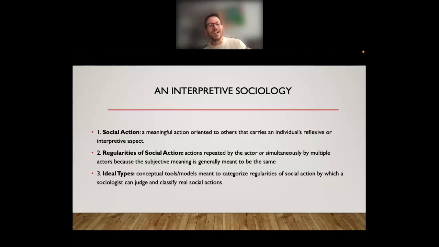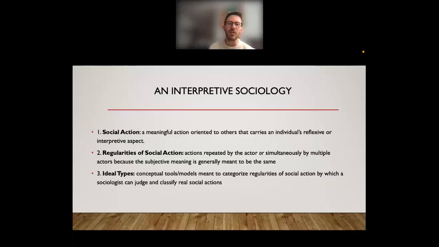However, if your significant other thought flowers were a demonstration of war, it would be very strange on Valentine's Day for them to receive flowers. Right? So regularities of social action have to have the same subjective meaning.